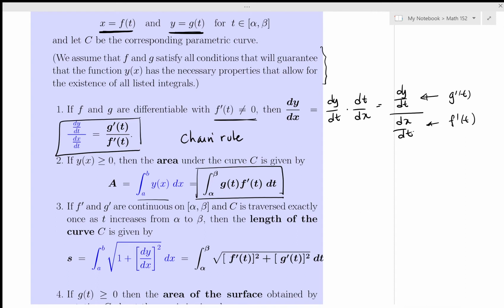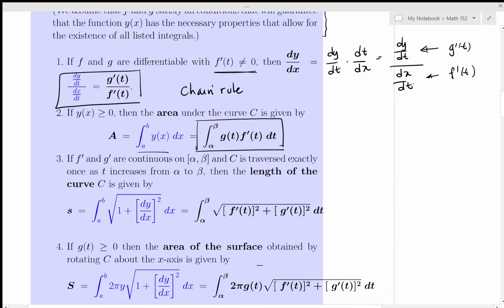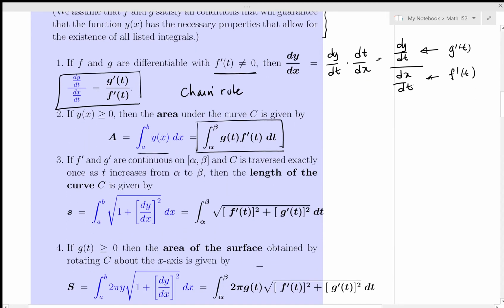Next, what do we do to calculate the arc length when we have a parametrically defined curve? I'm going to tread lightly on this little thing, traversed exactly once. With a parametric curve, you can move back and forth on the curve. If you're wanting to find the arc length, you obviously only want to traverse the curve once.